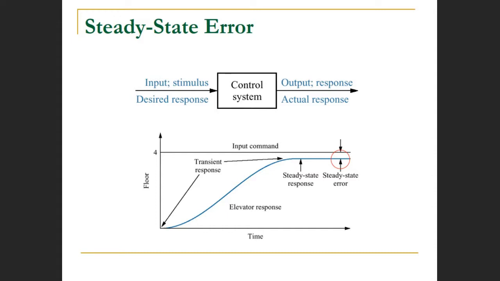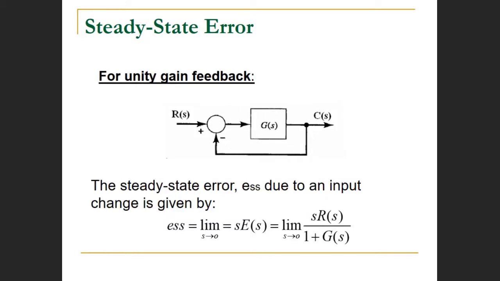We know that there are two responses in a system. On one side, we have the transient response, and on the opposite side, we have steady state. Now it is in steady state that we observe the steady state error. And so we're going to look at how we can evaluate the steady state error in a system.